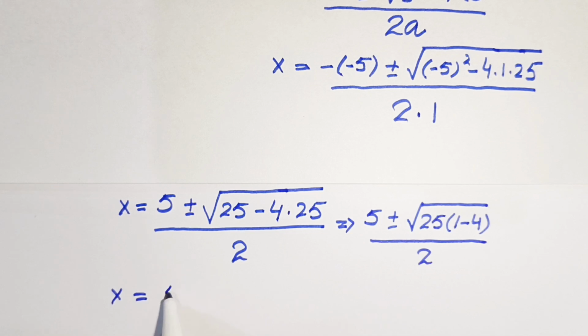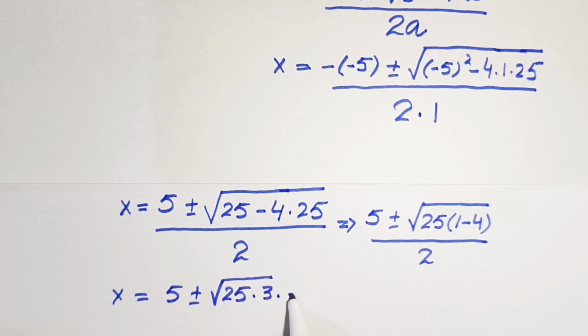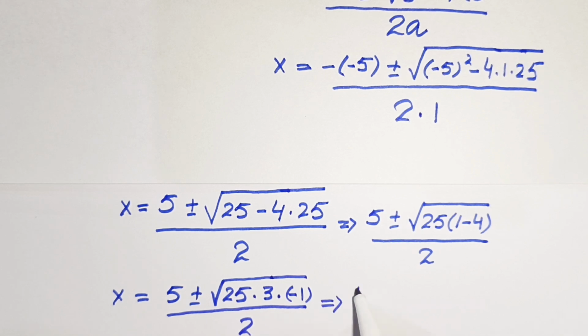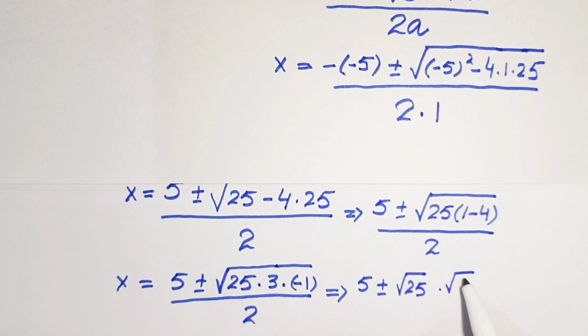So x is equal to 5 plus minus square root of 25 times minus 3. So we just write 25 times 3 times minus 1 all over 2. If we write separately all these, then we get 5 plus minus square root of 25 times square root of 3 times square root of minus 1 all over 2.